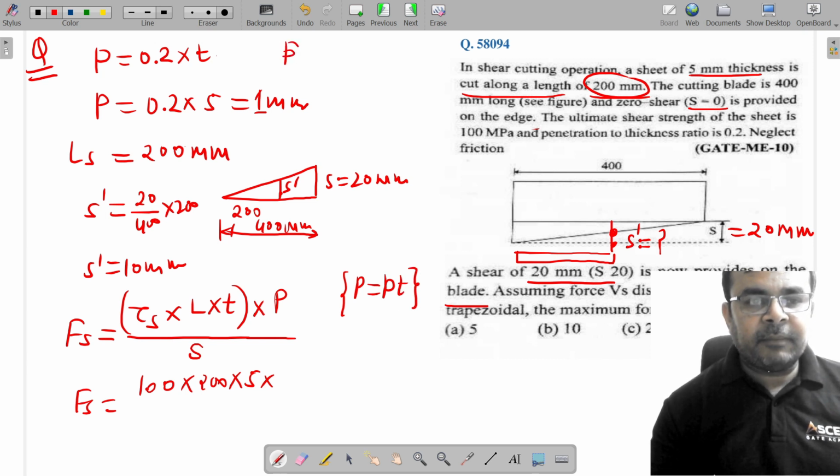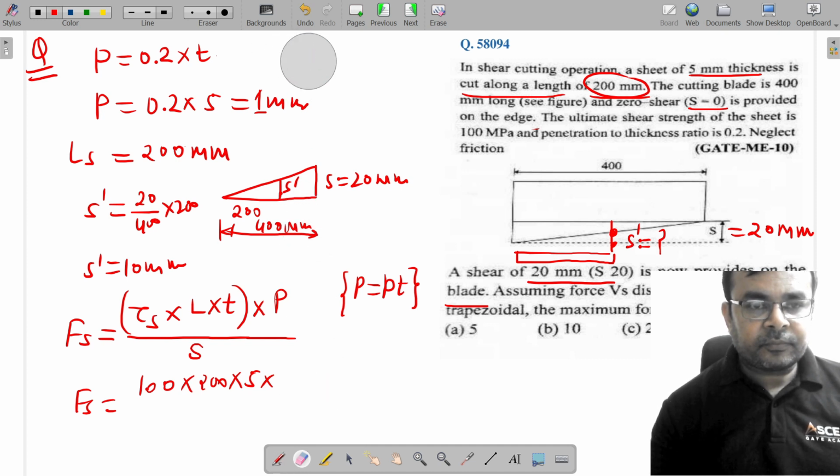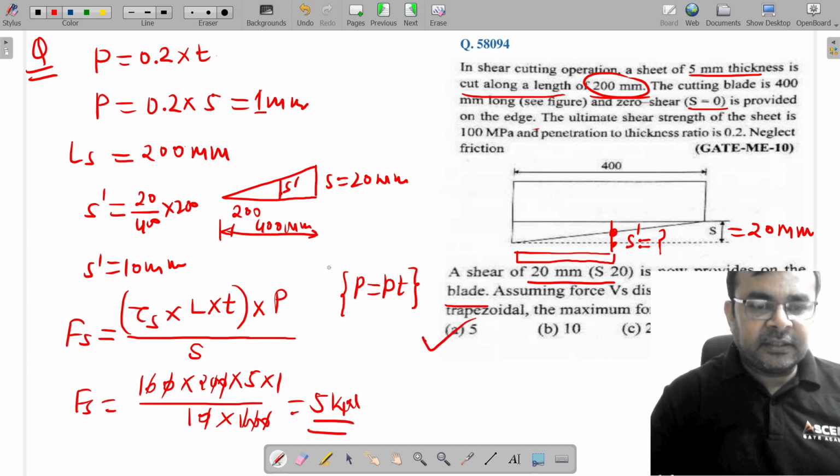And this capital P by T is given here already in the question. Correct? So this is 1 mm over the shear, which is 10. Now if I also divide by 1000, you can see we get 5 kilonewton. Yes, 5 kilonewton. This is the right answer. Option A is the right answer.